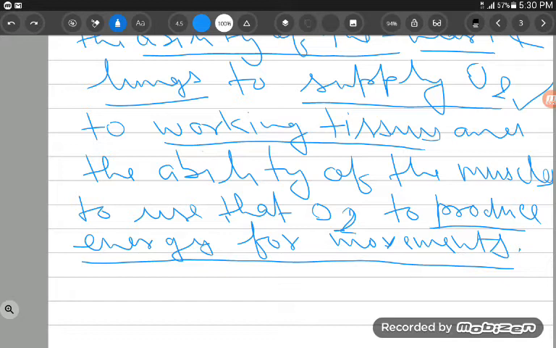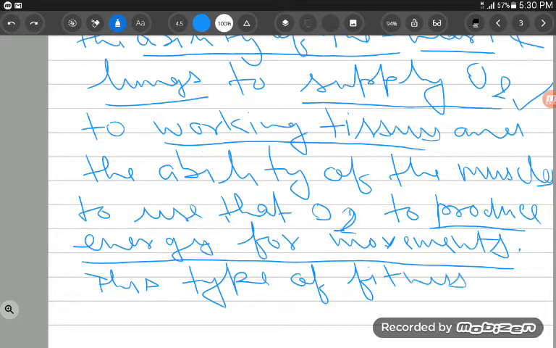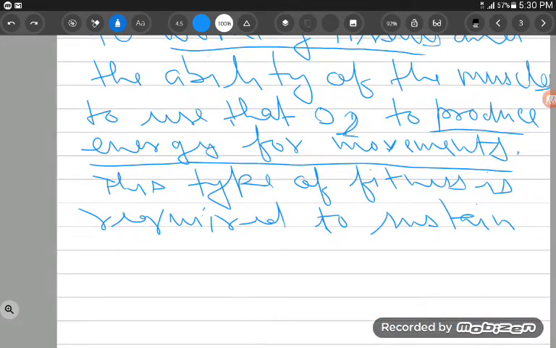And this type of fitness is required to sustain physical activity.